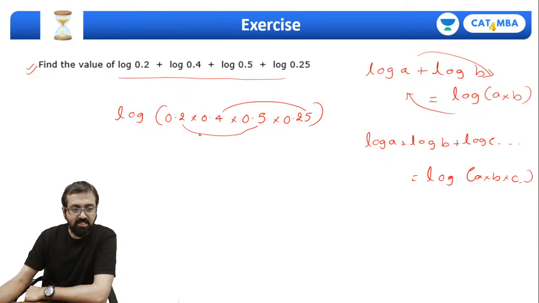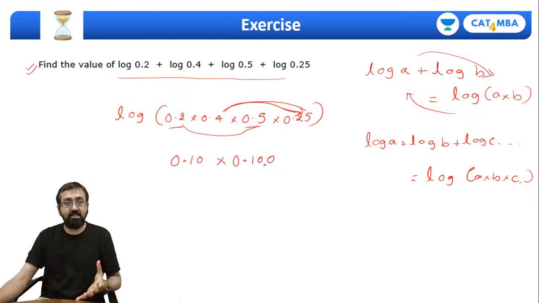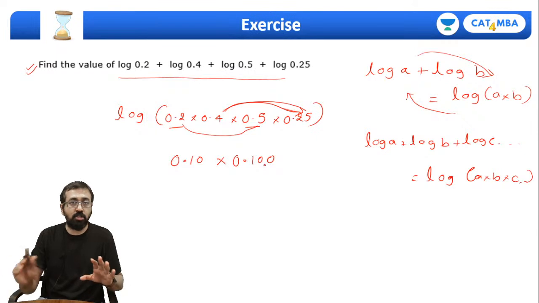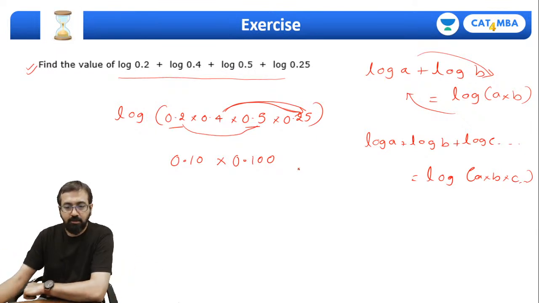So it will be very easy for us to pair these. So 0.2 into 0.5 is 0.10. Same way, 0.4 into 0.25 is 0.100. I have already taught you the basics of decimals, how to multiply decimal numbers. So now there should not be any confusion, right?